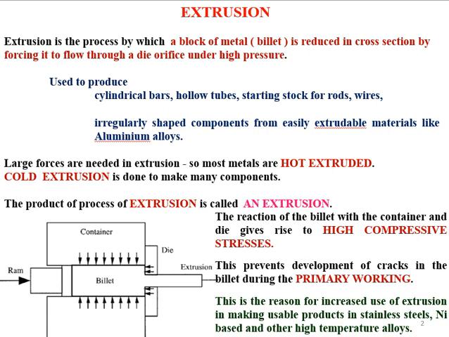Say for example, if you remember in rolling, to carry out rolling operation we required slabs or billets or blooms, and to create slab, billet or bloom we employed the operation called casting. All right. So in case you want to manufacture wires or very small rods, we manufacture rods using the process called extrusion.